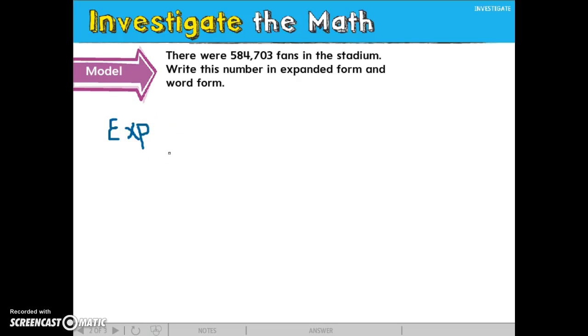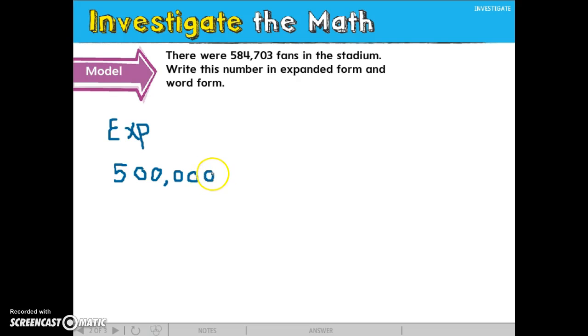Expanded form, you are going to go through each place value and set it up so it looks kind of like an addition problem. So the 5 is in the hundred thousands place, so you are going to write 5, and because it's in the hundred thousands place, I'm going to make it look like 500,000 because that's how much it's worth.